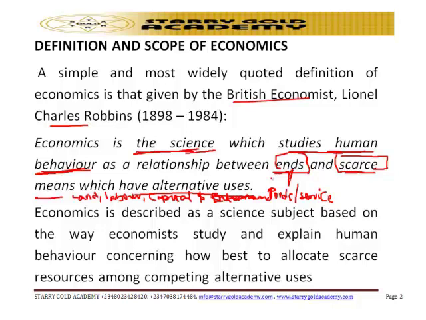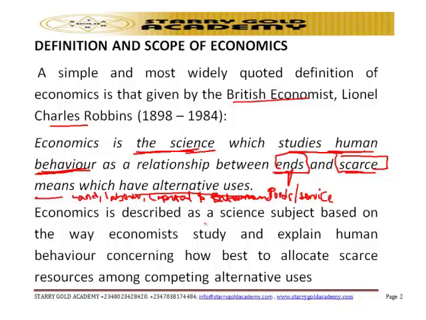The ends have to do with the wants of human beings, which refers to goods or services, while the means refers to productive resources, otherwise known as factors of production, which include land, labor, capital, and entrepreneur.